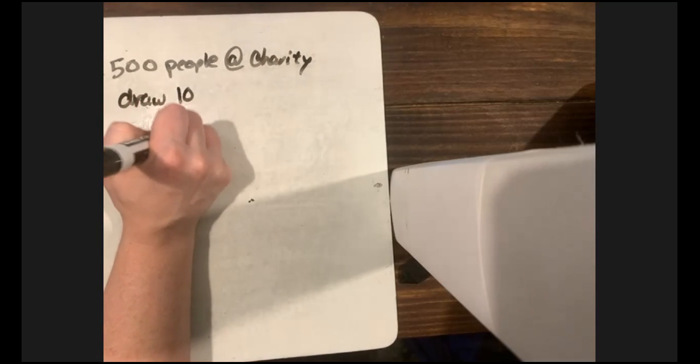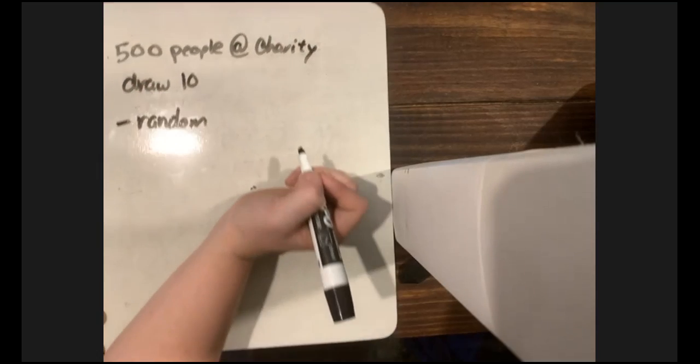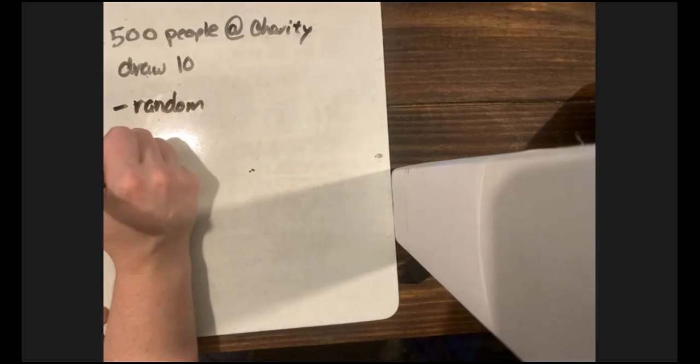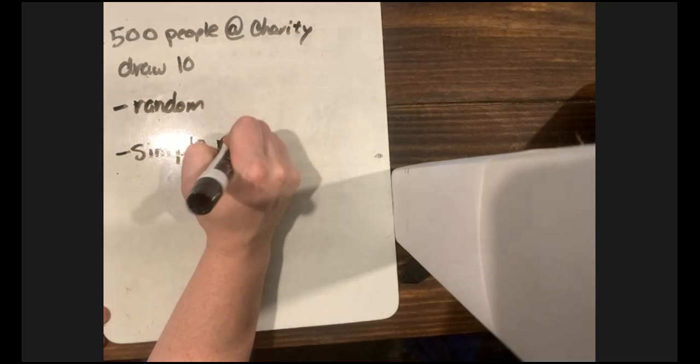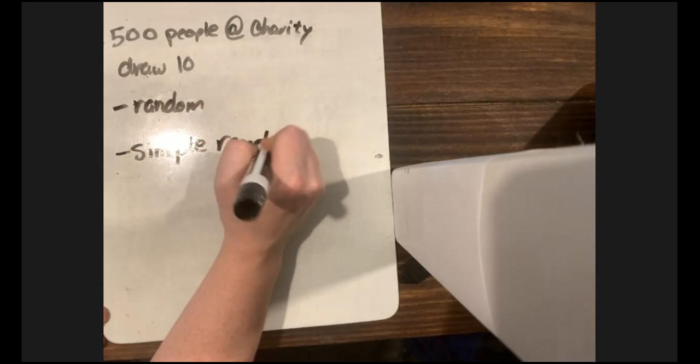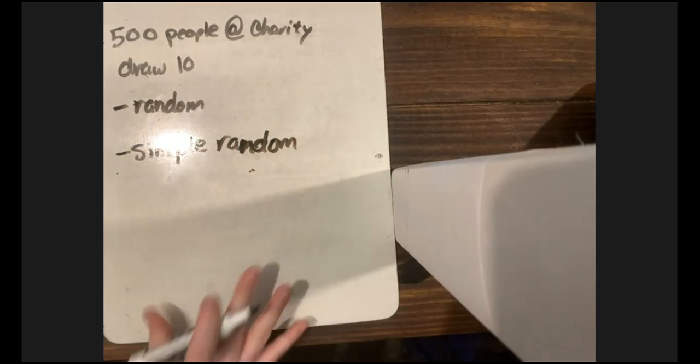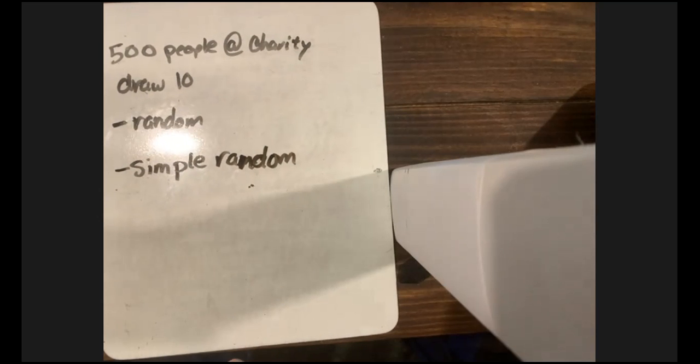There is an argument that this is random sampling just because they did draw 10. Because they didn't exactly define a random sample, this could also be classed as simple random. Okay. So that is section 1.1.